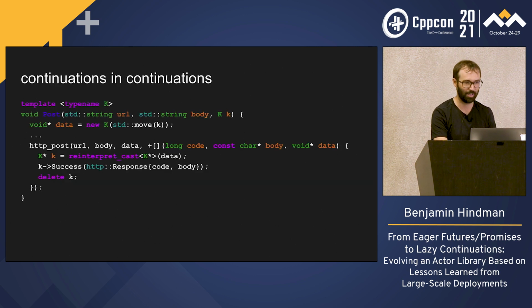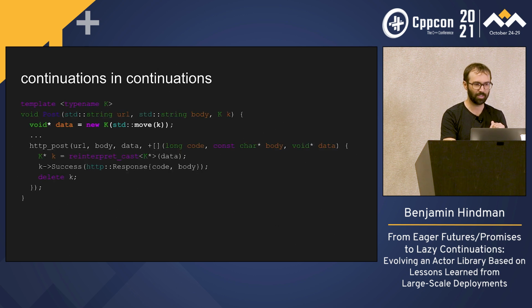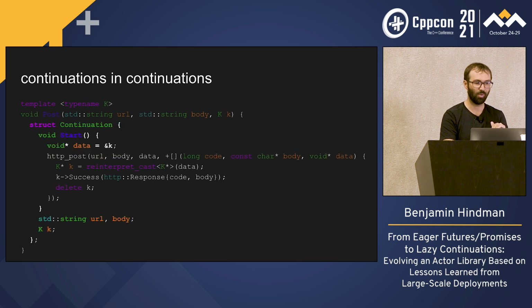Okay, so what would that look like? So we'll take post, and rather than having to do this dynamic memory allocation, we'll create this structure that we'll call our continuation. That's going to have a start function or a success function, okay? And rather than having to allocate this k thing, we'll actually have passed k in, okay?